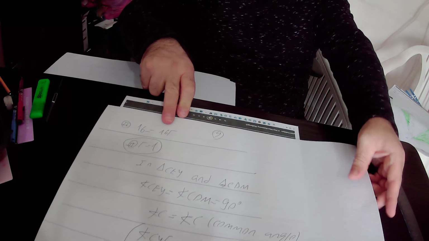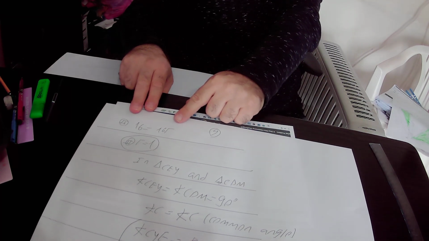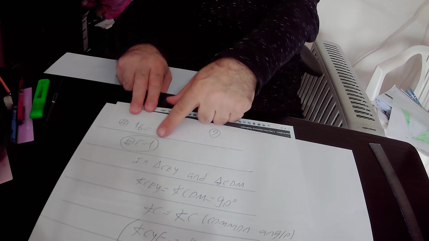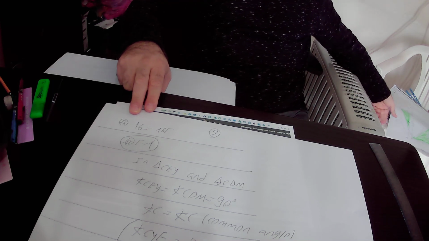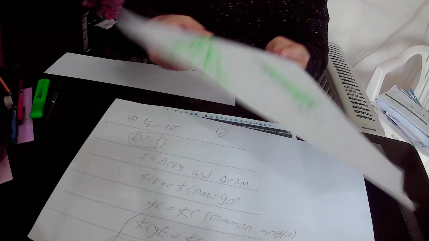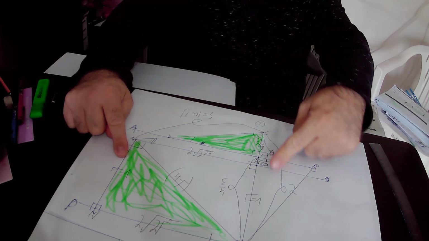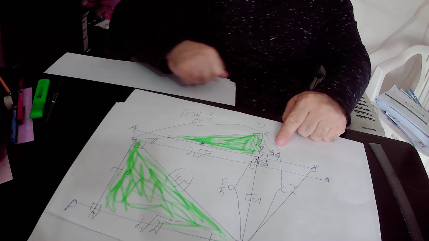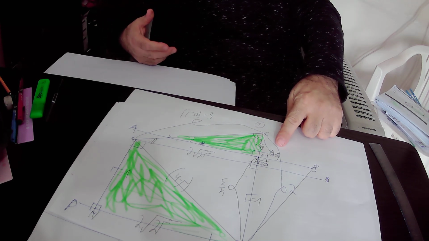16 equals 16R. We divided equation number 2 by 16. 16 over 16 is 1. So we found out that the radius of the small circle R equals 1 unit. Here CD equals 2 minus R, and R equals 1, so CD equals 2 minus 1.